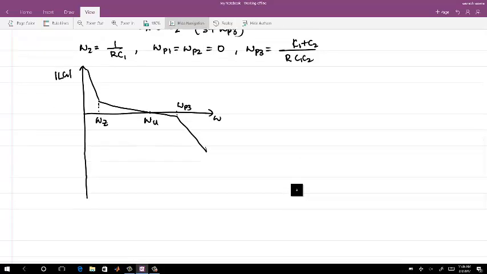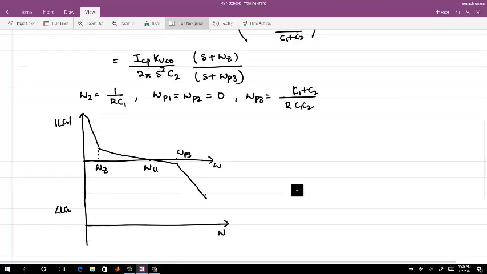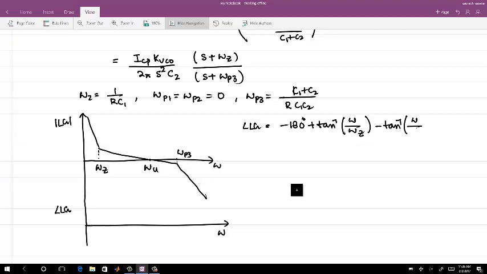And I also want to plot the phase of the loop gain. So what is the phase of the loop gain? Angle of loop gain is equal to minus 180 plus tan inverse of omega by omega z minus tan inverse of omega by omega p3, right?